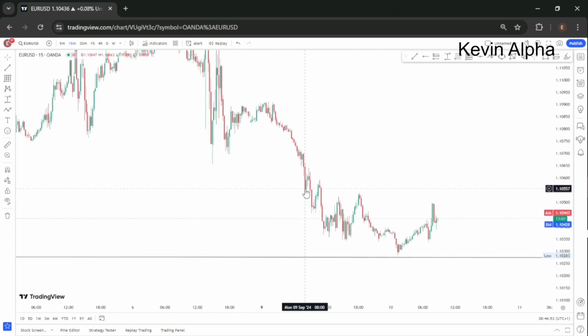Not valid because 1, 2, 3 are in the body of this other candle. So the pullback continues all the way to the downside, and pullback number 2 right there. Then we have that's a pullback, inducement taken. So therefore this is a low, swept the low, then closed below it.